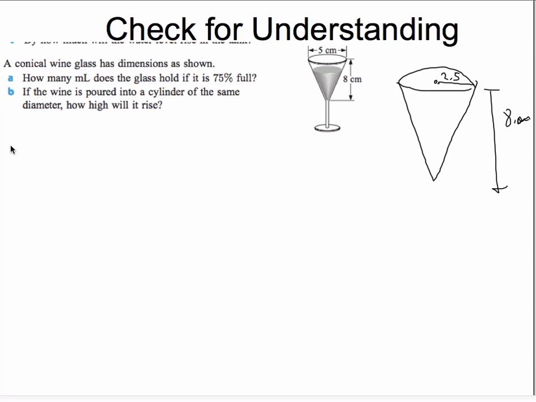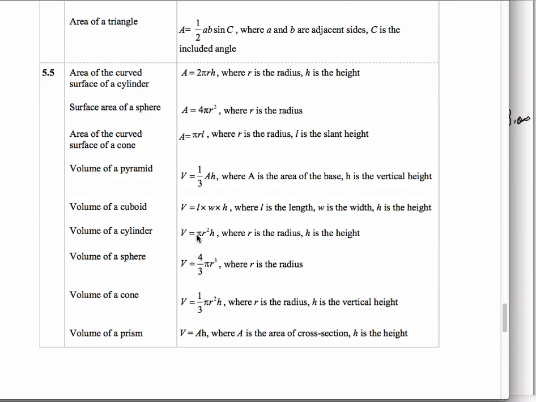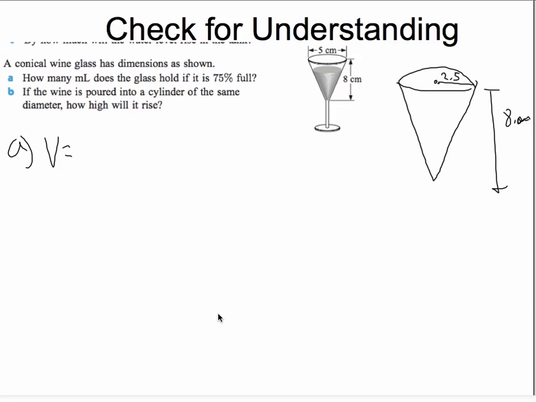So let's get the volume first. Let's take a look at our formula booklet again. Volume of a cone is 1/3 pi r squared h.